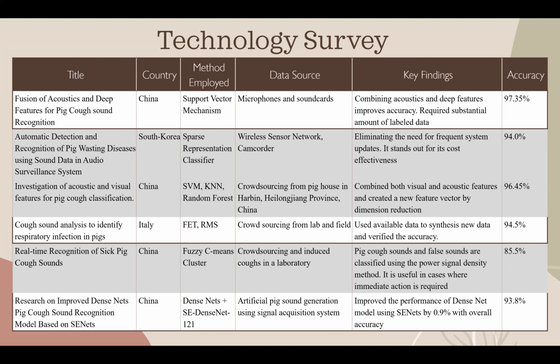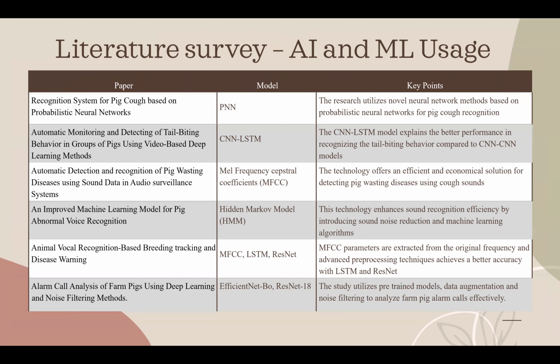There is one more project in China where DenseNet models are used to improve pig sound recognition systems. They said that DenseNet models improve the accuracy by 0.5 to 0.9 percentage points. Moving on to the literature survey of this project, there are various papers. One is a recognition system for pig cough based on probabilistic neural networks, wherein they employed the PNN model.